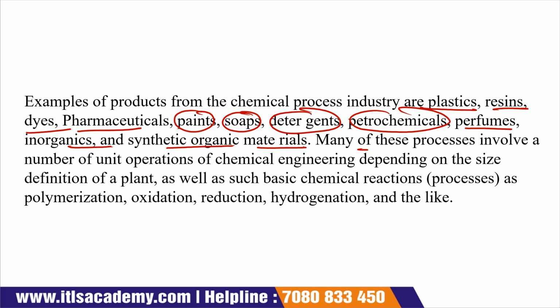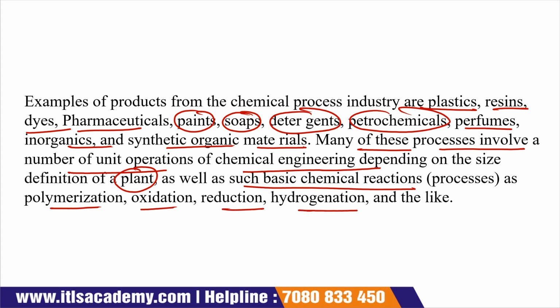Many of these processes involve a number of unit operations of chemical engineering, which totally depend upon the definition of the plant as well as such basic chemical reactions. These depend upon how the plants are defined and how the basic chemical reactions occur, like polymerization, oxidation, reduction, hydrogenation, and all like that.